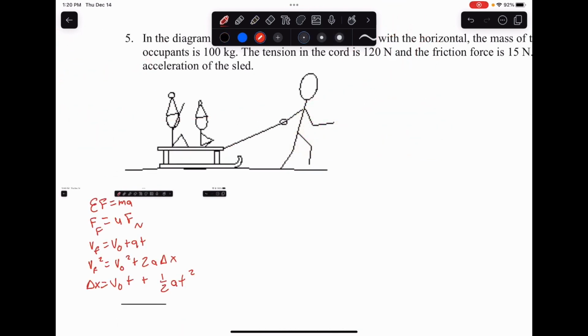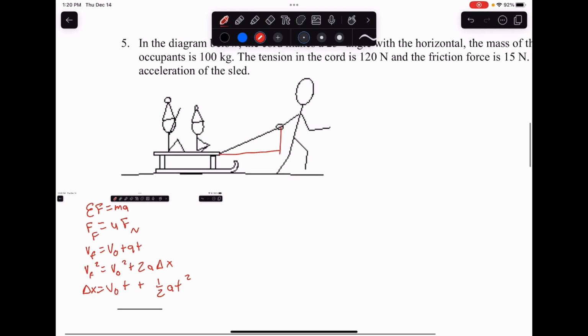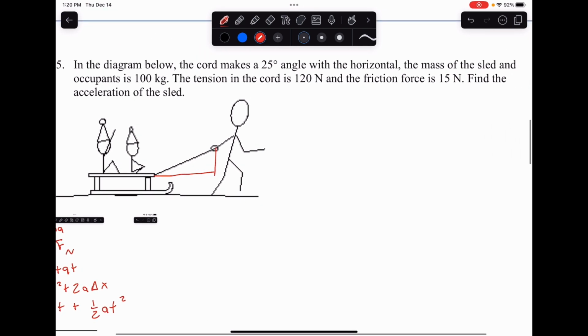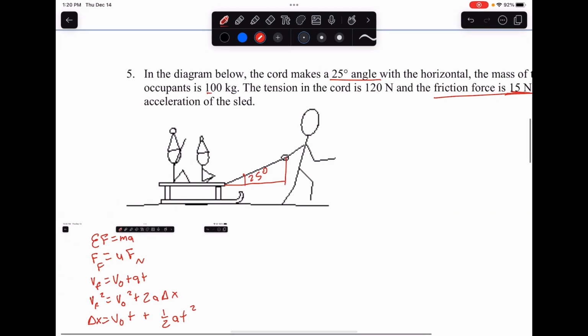All right, back again. I already read this. 25 degrees. Let's waste no time. Friction, mass, tension.